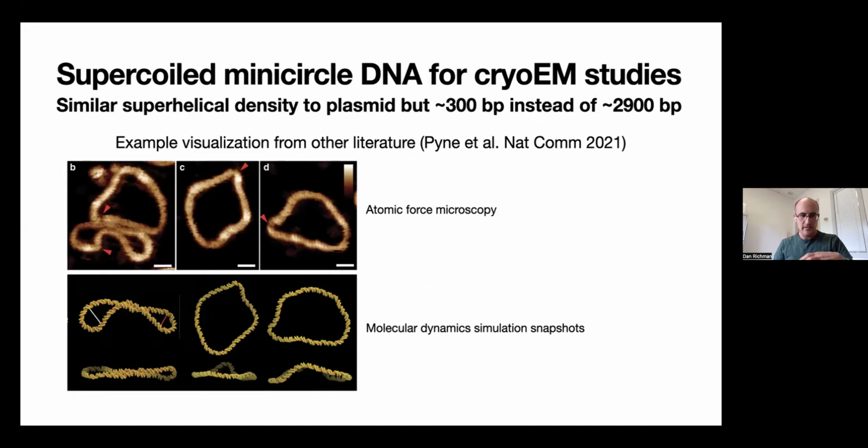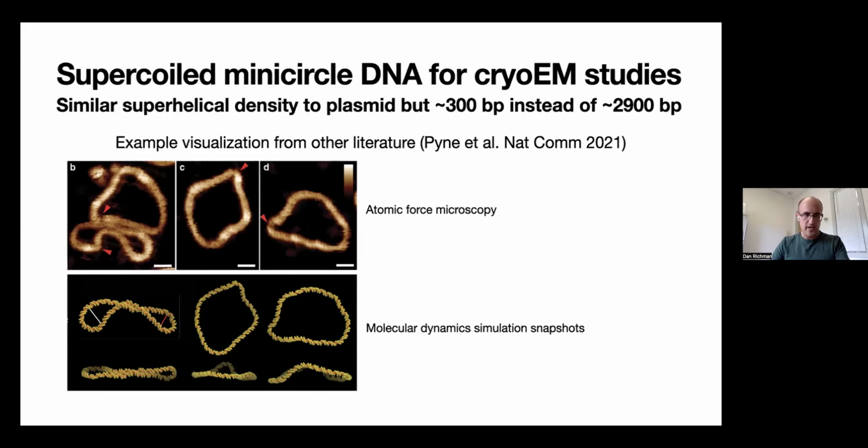As these images, which don't come from our lab but are just a really good illustration, show, in the AFM images with the red arrows, there can be parts of a supercoiled plasmid with pronounced bends and distortions of the base pair planarity, for example. And there's a diversity in the structures of supercoiled minicircles as well.